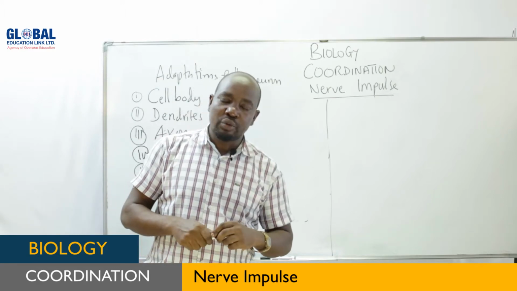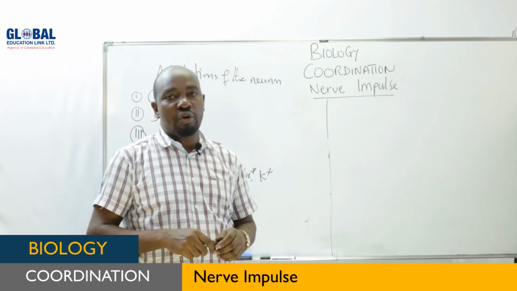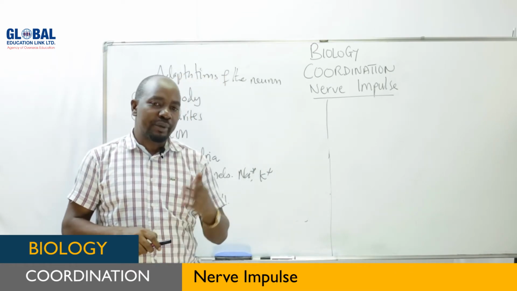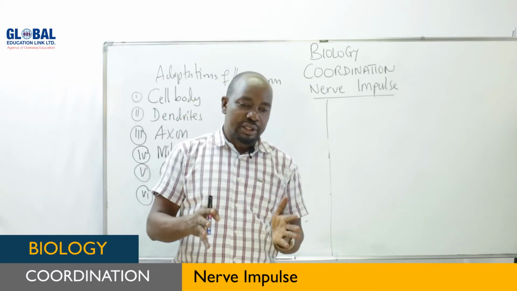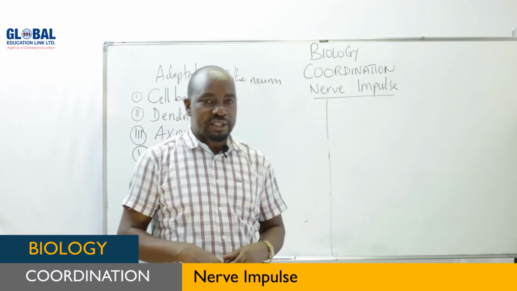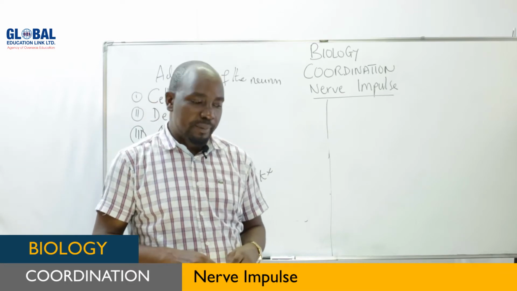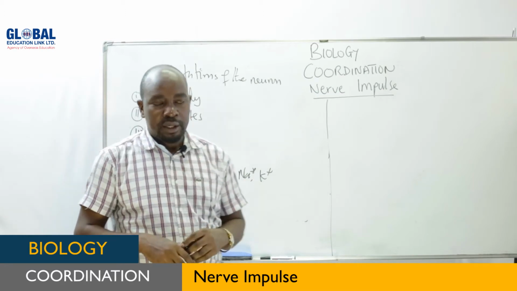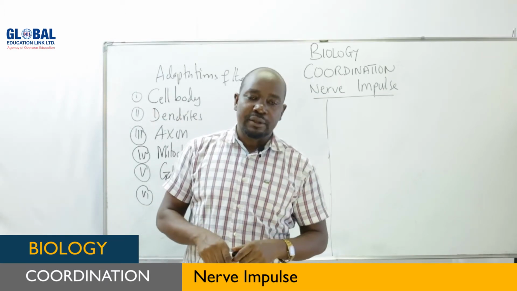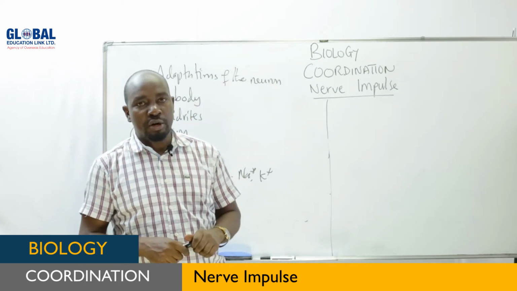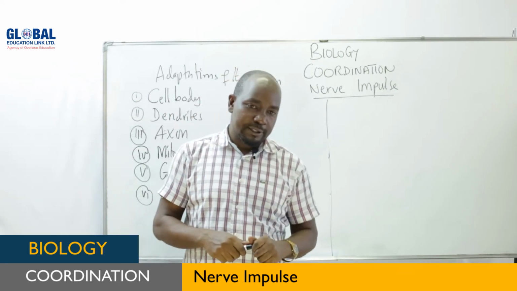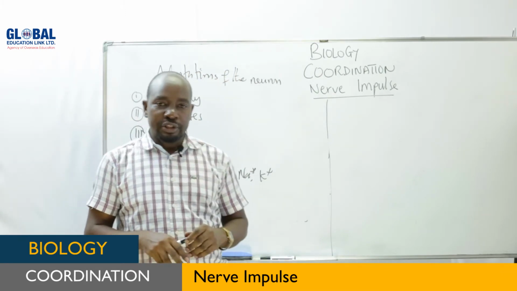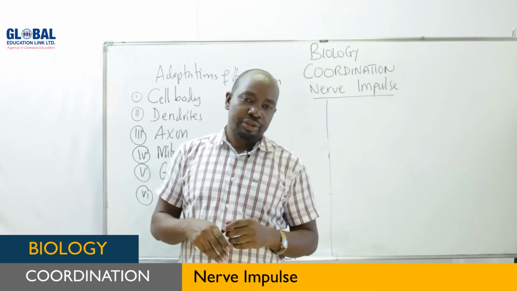The major function of the Schwann cell is the secretion of the myelin sheath. And the myelin sheath is a fatty material whose major function is to insulate the axon and speed up the transmission of the nerve impulse. Hence, its presence ensures an increase in the velocity or speed of the nerve impulse compared to the axons which do not possess the myelin sheath.